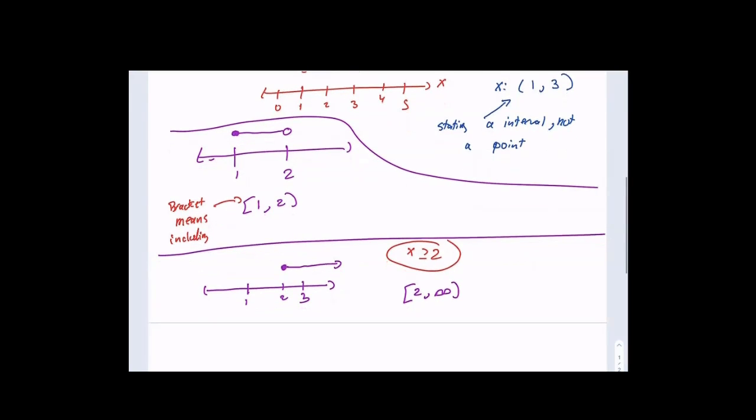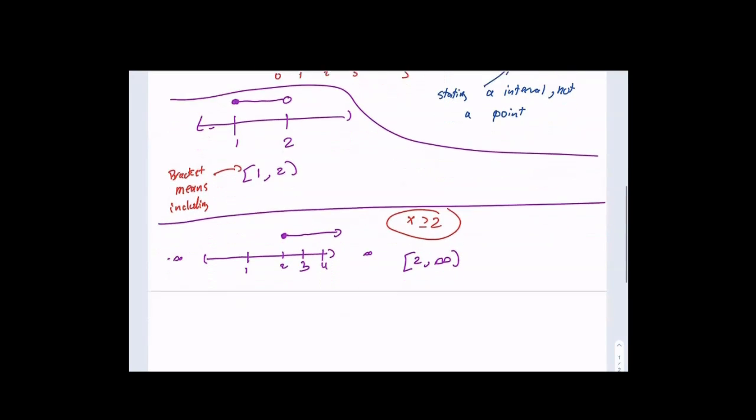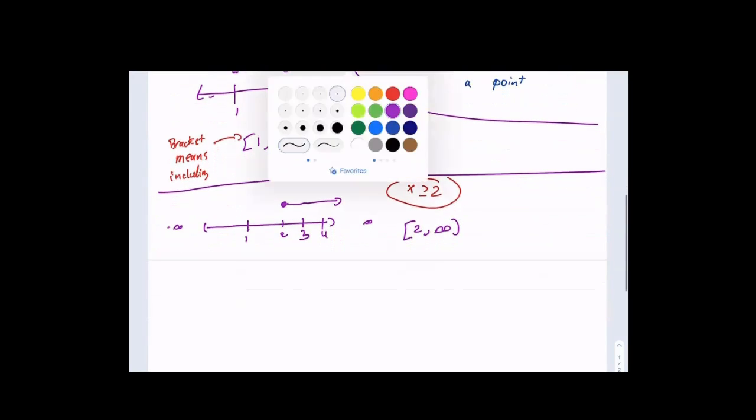The idea is that if you keep going, infinity is over here, and negative infinity over here. It keeps going on and on. So we say 2 to infinity in this case. This is just notation.